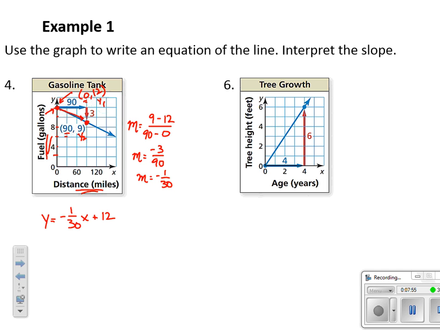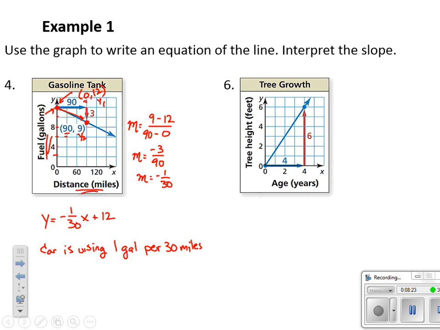So the slope is telling us -1/30. Car is using 1 gallon per 30 miles. You could also say that the car is getting 30 miles for every 1 gallon as well.